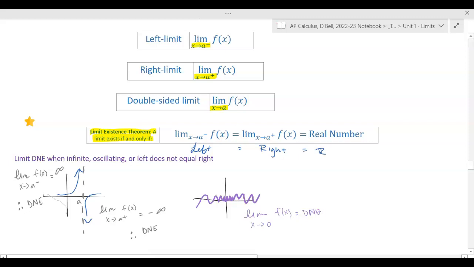It's not leveling off at one number, it's oscillating, going up and down. So think of like a heartbeat or a trig function continuing to go up and down.